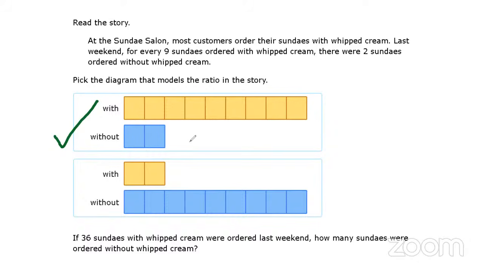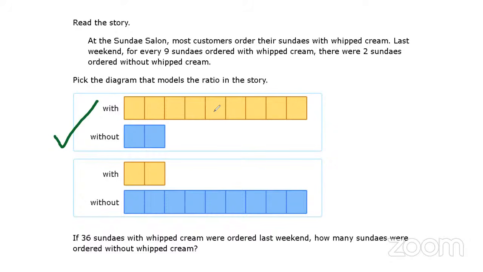What would this ratio look like, with to without whipped cream? Go ahead and show that in the chat. How would that ratio look? I want us to start with that. So go ahead and tell me, what would that relationship look like? What would that ratio be?